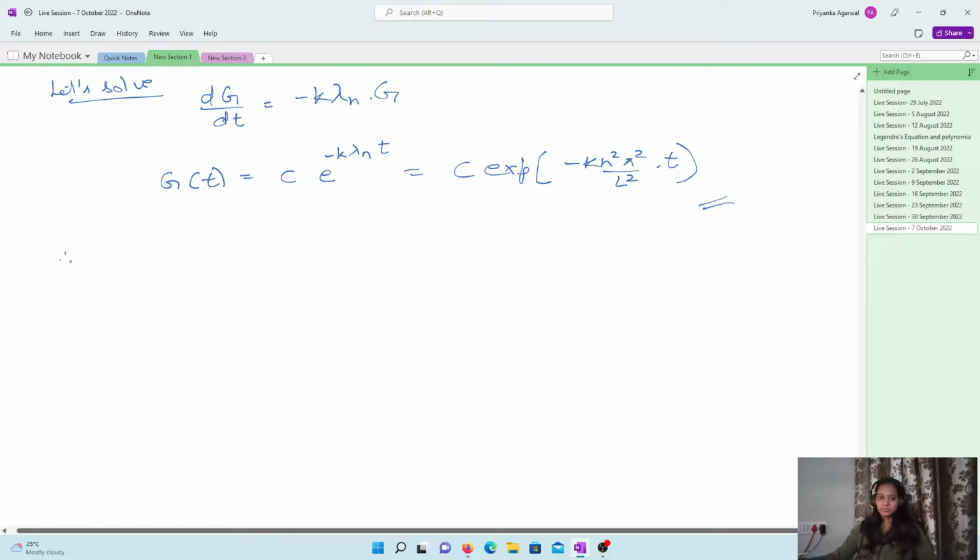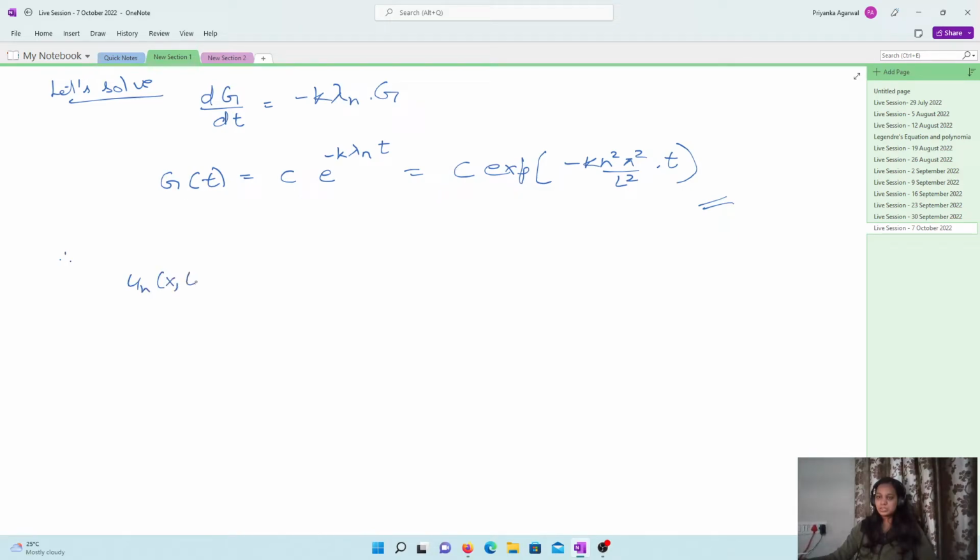So therefore, u n of x comma t can be written as, so this constant and the constant in that equation we can combine, and let's write it as some constant bn, sin(n pi x over L) e to the power minus k (n pi by L) square into t, where n equals 1, 2, 3 and so on.